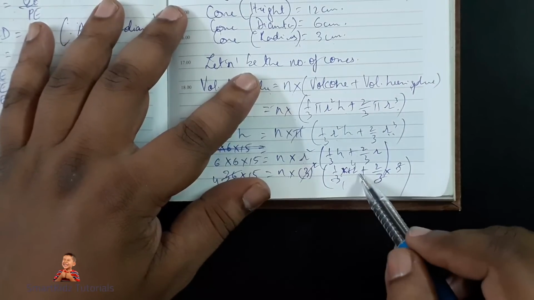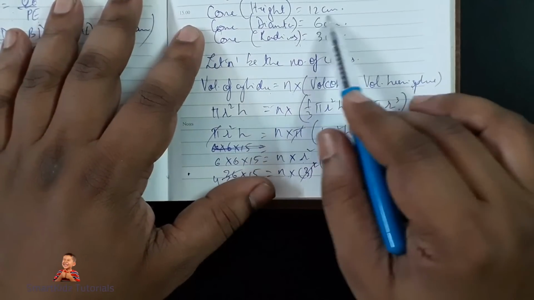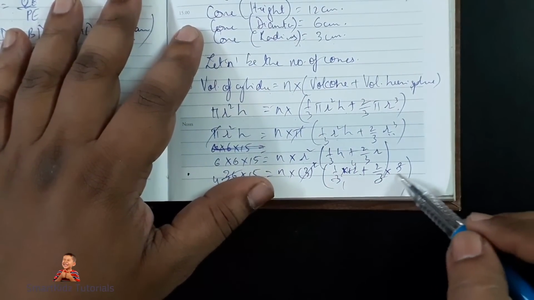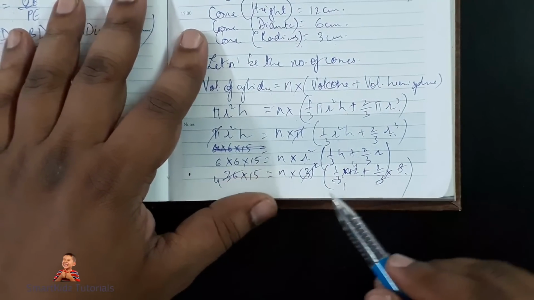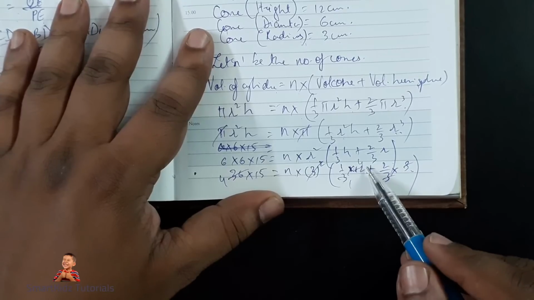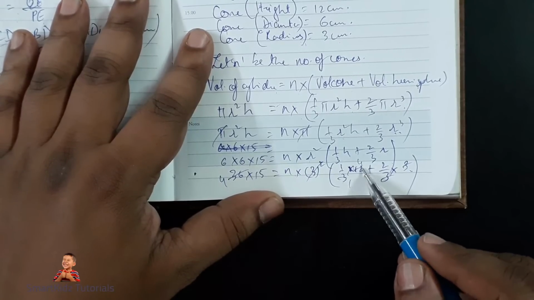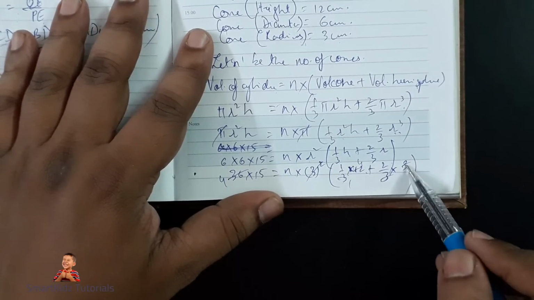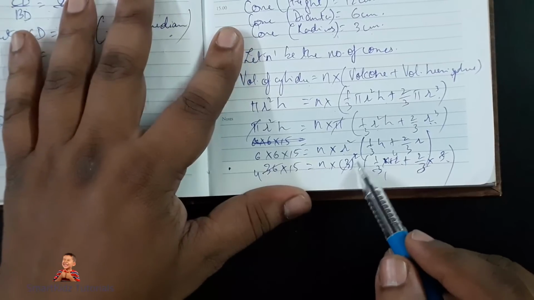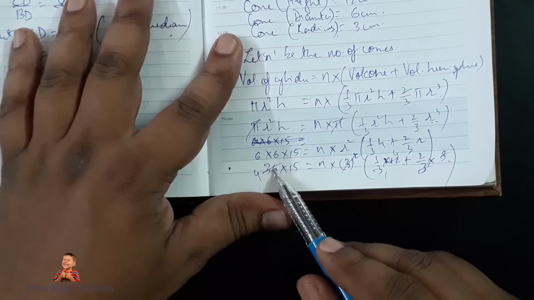So in place of h, we put 12 centimeters, plus 2 upon 3, that is, r is 3. So 1 upon 3, 3 ones are 3, 3 fours are 12, we'll forget 4 over here, 3 and 3 will cancel here, and 3 square is 9, 9 into 4 is 36.